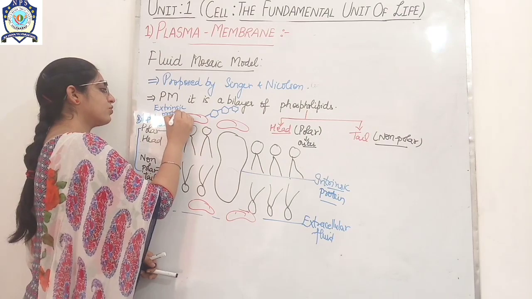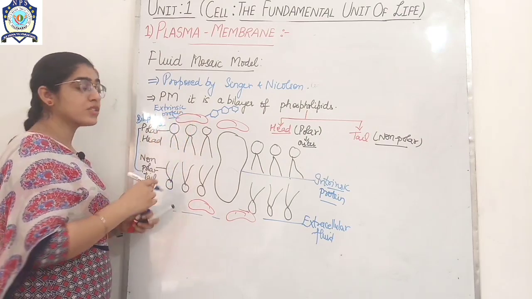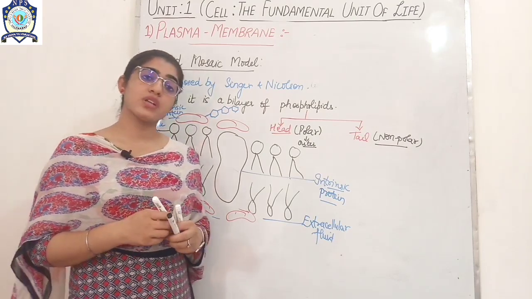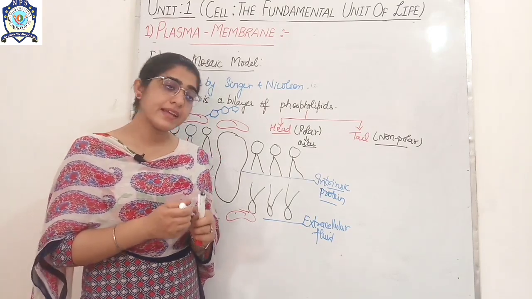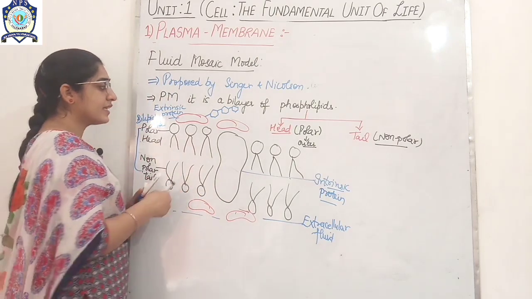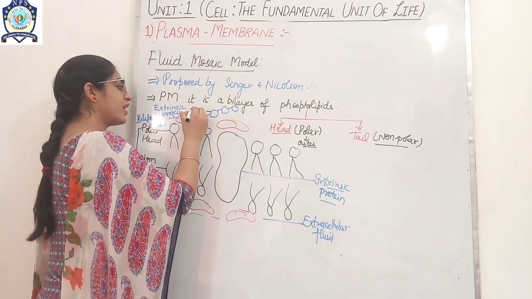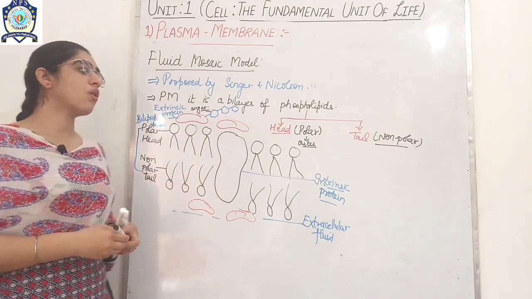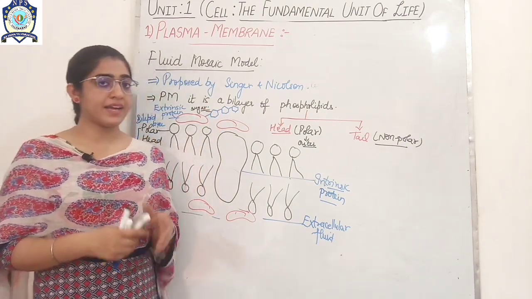Extrinsic protein कौन से होते हैं? Which are present superficially on the outer surface of the bilipid layer, and along with it there is present the chain of sugar molecules. Okay, so this was all about the fluid mosaic model.